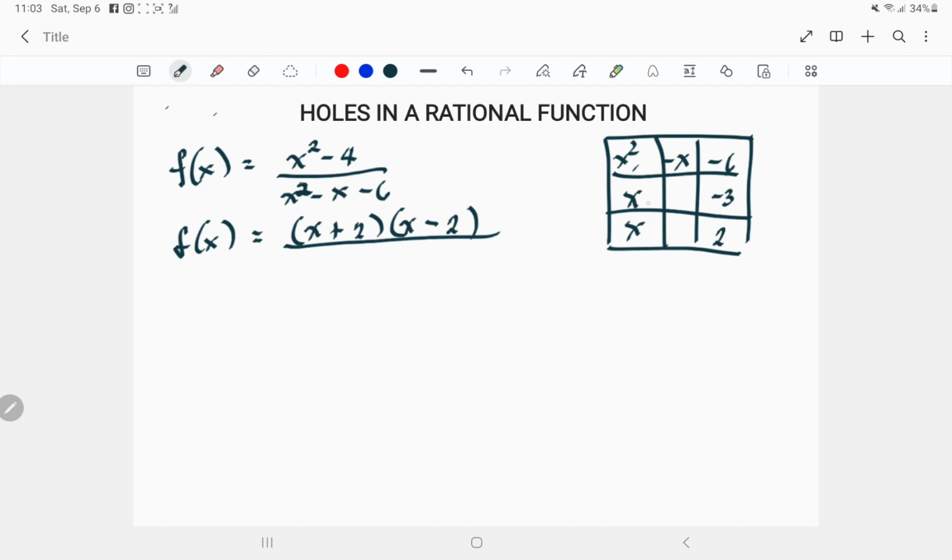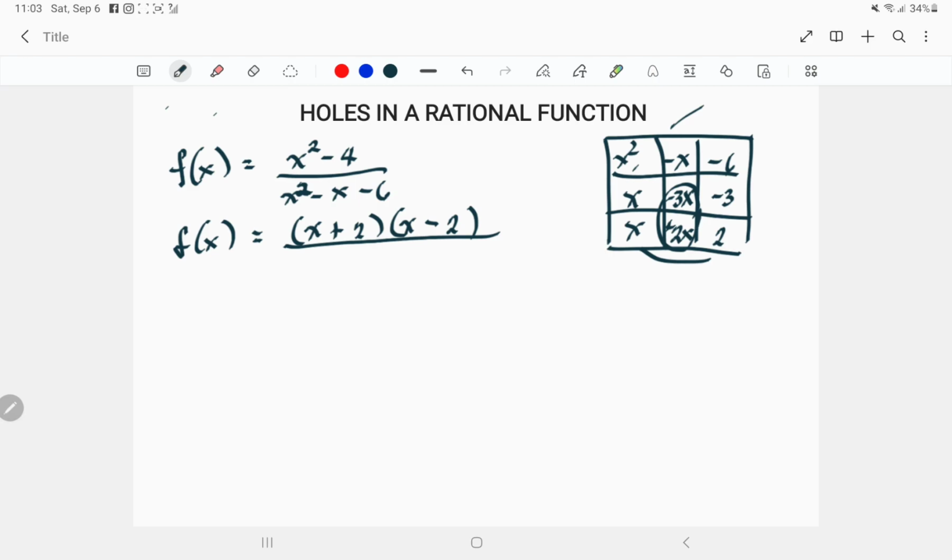When you multiply x and negative 3, you will get negative 3x. When you multiply x and 2, you have a positive 2x. So that when you add the two products, negative 3x plus 2x, you will actually get the middle term, which is negative x.